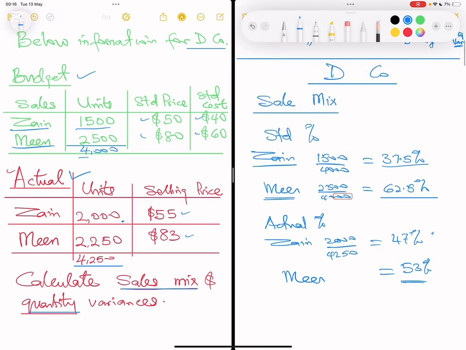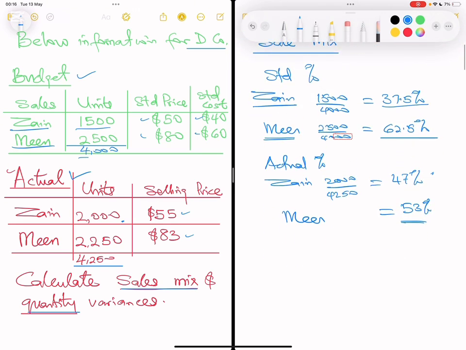So remember what I said. The most important thing is to remember that column that we are introducing, Zen and Mean. That column is the total actual quantity at the standard percentage, because we're saying, what if we had stuck to our standard percentage? And that standard percentage is 37.5% for Zen.